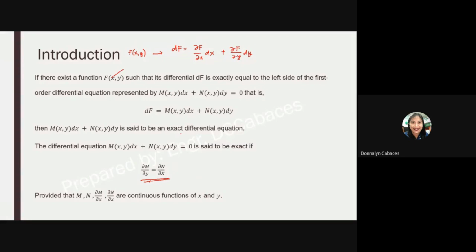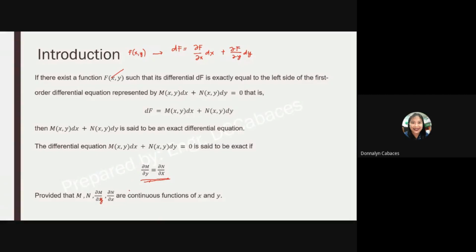If the two are equal, then the given differential equation is said to be exact, provided that the partial derivative of M with respect to y, sorry, let me correct this one, this is with respect to y, and the partial derivative of N with respect to x are continuous functions of x and y. Okay?